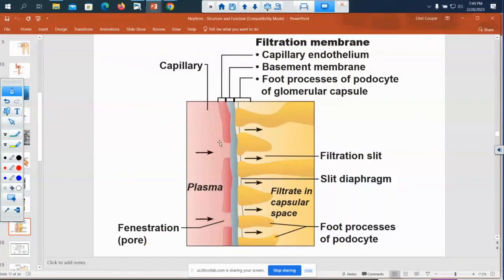Here, let's think back to when we did an alveolus and a capillary, and we called it the respiratory membrane. We said the alveolus had simple squamous epithelium. The capillary had simple squamous epithelium, and they shared a fused basement membrane. And oxygen and CO2 moved through the epithelium of the alveoli, the epithelium of the capillary, and the shared basement membrane.